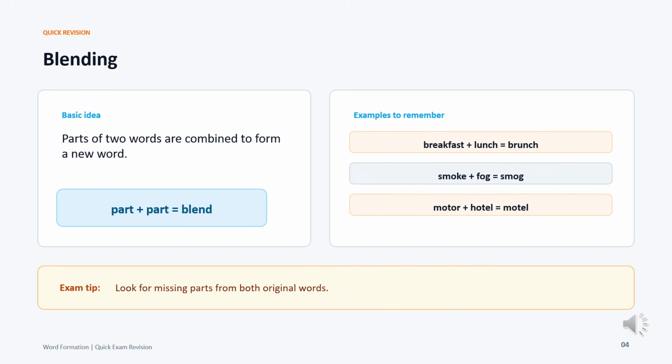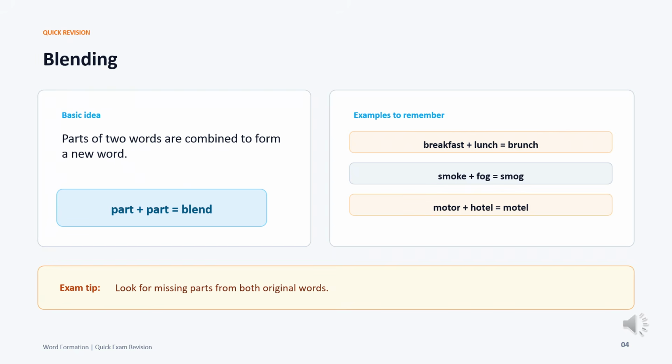Next, we discuss blending. Blending happens when parts of two words are mixed to form a new word. The complete words are not simply placed side by side. Instead, some parts are dropped, some parts are joined. For example, breakfast and lunch, when we blend them, we get the word brunch.